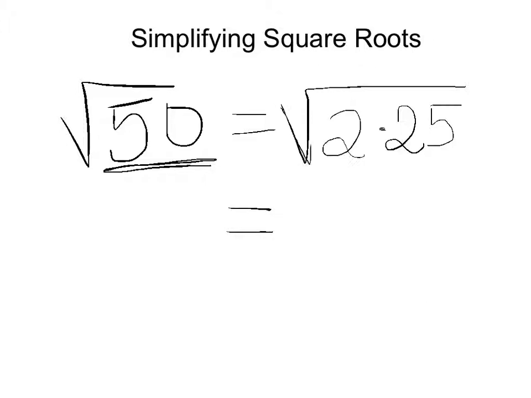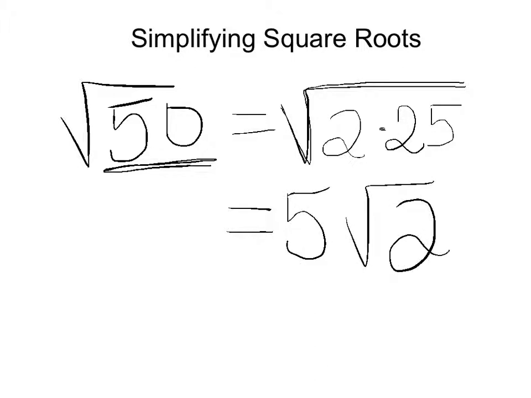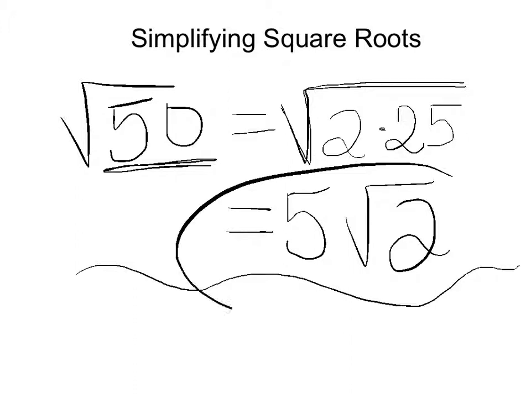Using the square root, we have 2 times 25. The square root of 25 is 5. And we leave the square root of 2 as a square root of 2 because 2 is not a perfect square and it's not a whole number. We're looking for a nice, clean way to represent the square root of 50 without using decimals. This is how we do it, simplifying square roots.